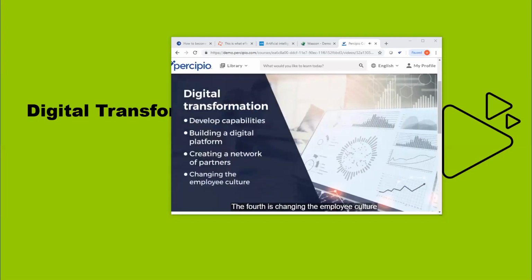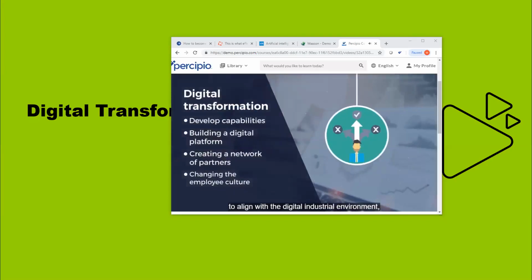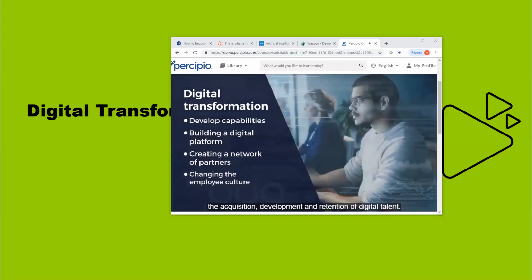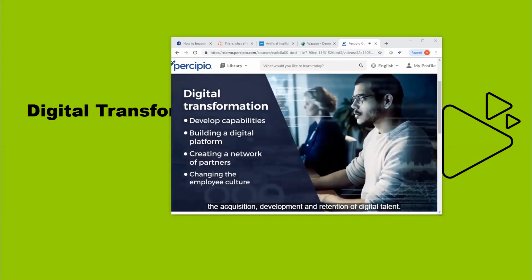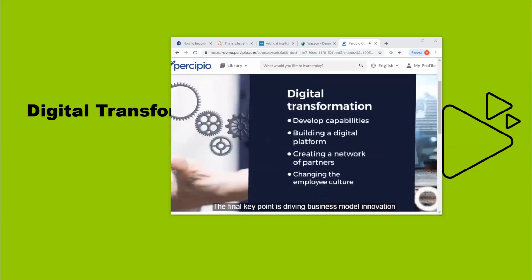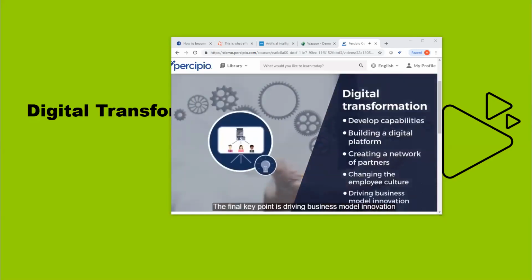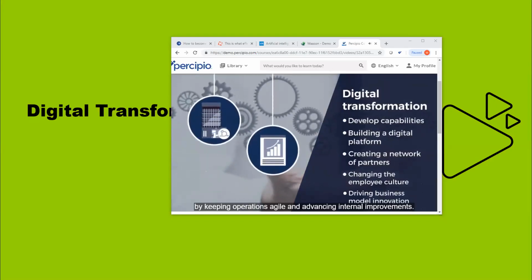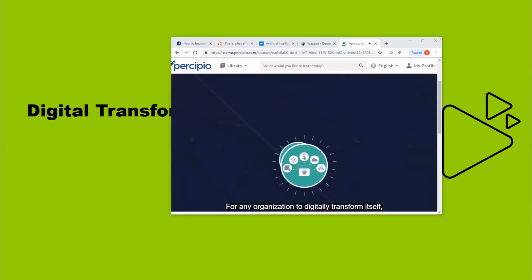The fourth is changing the employee culture to align with the digital industrial environment, which means focusing on rapid decision-making and the acquisition, development, and retention of digital talent. The final key point is driving business model innovation by keeping operations agile and advancing internal improvements.